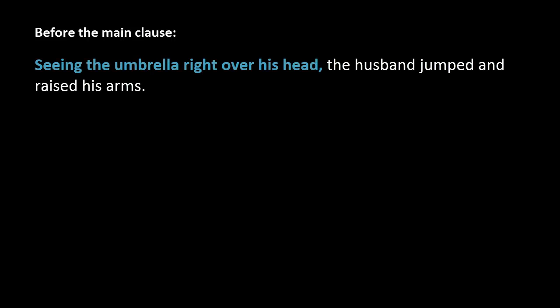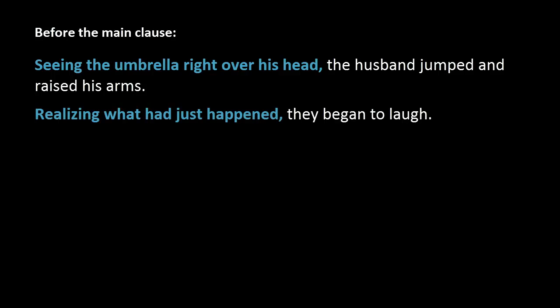Seeing the umbrella right over his head, the husband jumped and raised his arms. Realizing what had just happened, they began to laugh. In both sentences, the phrase comes before the main clause. Commas are generally used for separation.